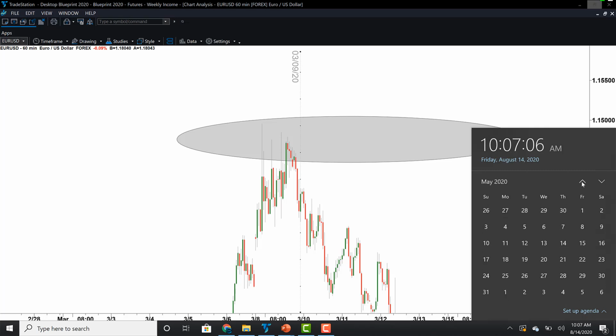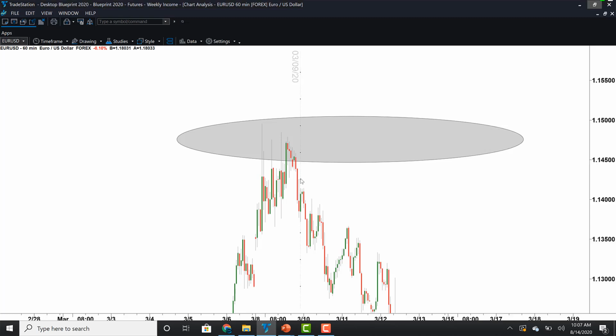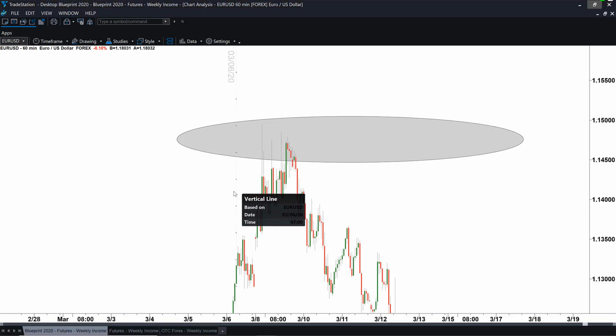So I'm going back to March, and 8, 9. Okay, on the 9th we had a Monday, and on the 2nd we had a Monday. So we probably have to look at the 9th here, because the 2nd is way to the left.